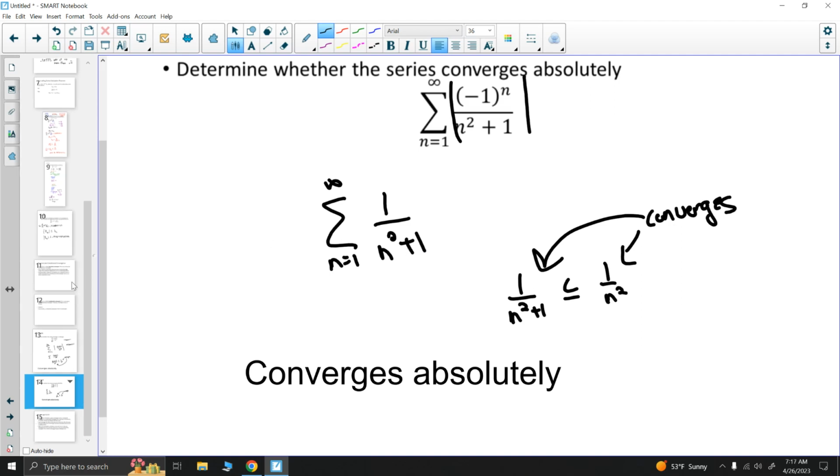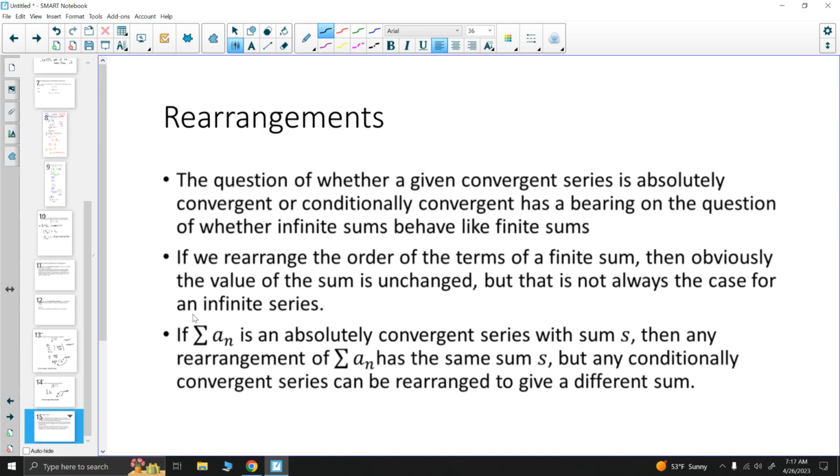So anyway, now I want to just talk about rearrangements real briefly as a reminder of what I had said earlier. Basically, the question of whether a given convergent series is absolutely convergent or conditionally convergent has bearing on whether or not infinite sums behave like finite sums.